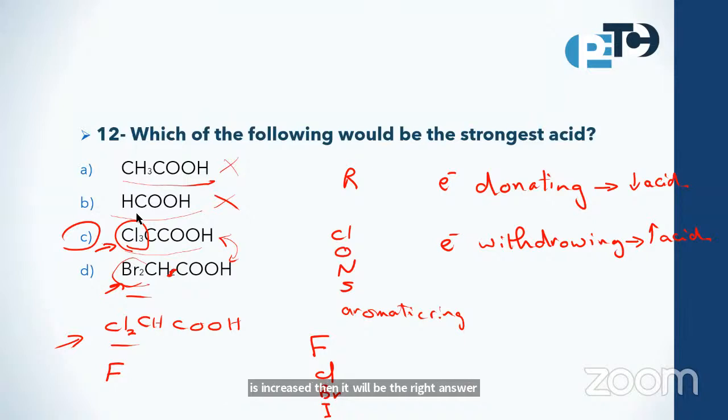If there are 3 bromine atoms and 2 chlorine atoms, then the bromine compound will be more acidic, because the number of withdrawing atoms is more than in the other compound. But if they are similar, like Cl2 and Br2, then choose the chlorine. Is it clear? Yes, sir. Okay.